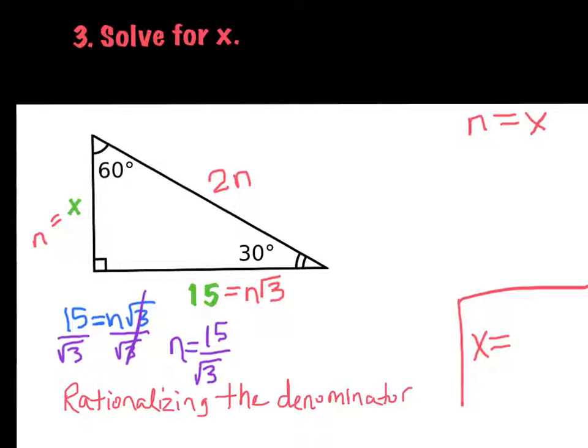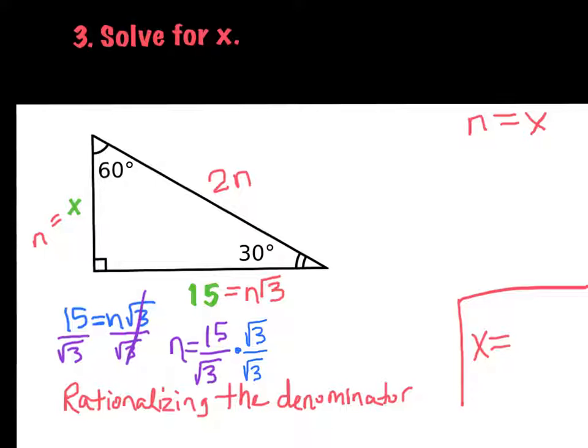Okay, and we're going to talk about it more in class, but I'll just show you a little preview of how it works. So what you do is you take your denominator, square root of 3, and you multiply both numerator and denominator by that number. So you multiply by the square root of 3 over the square root of 3.